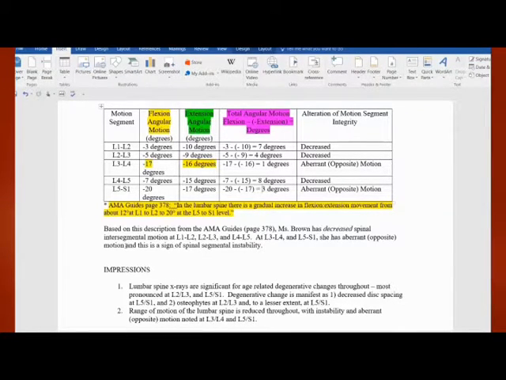Now again, if we measured these angles differently and came up with 0 degrees of angular motion at both levels, rather than aberrant or opposite motion conclusions, we would simply conclude that she had decreased spinal motion at all of the above spinal segments.